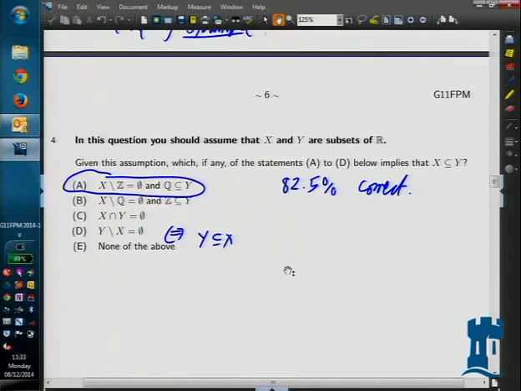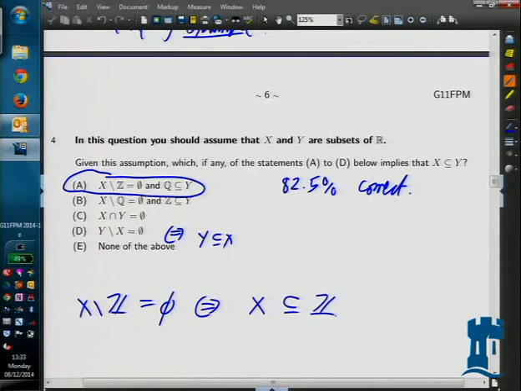A says x take away z empty. That's if and only if x is a subset of z. And if x is a subset of z, z is certainly a subset of q, and if you know that q is a subset of y, then you're home. X will be a subset of y.